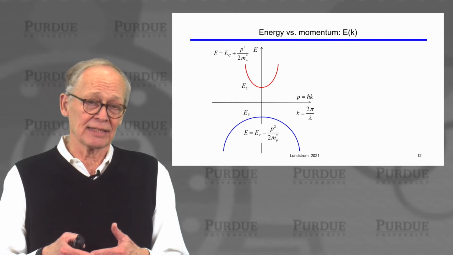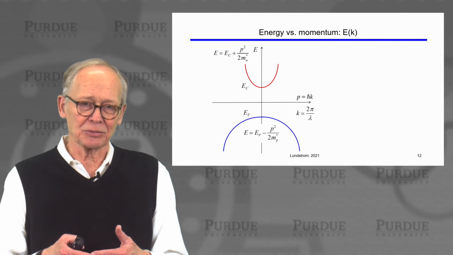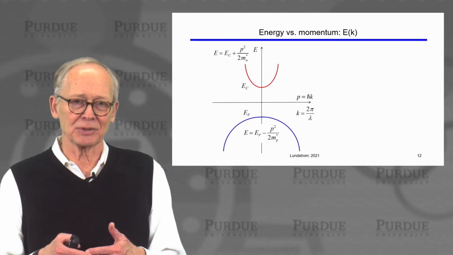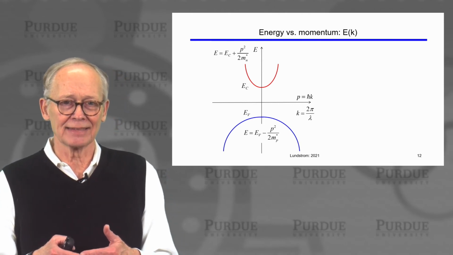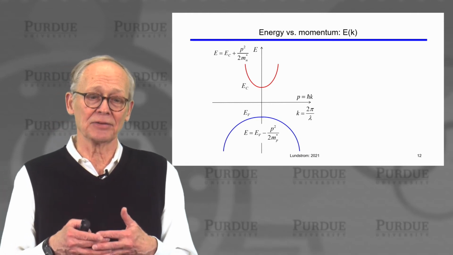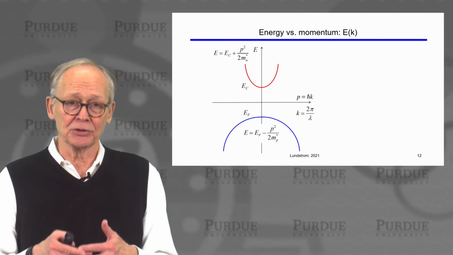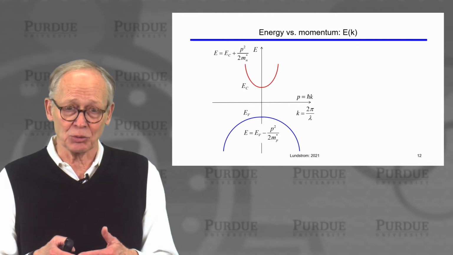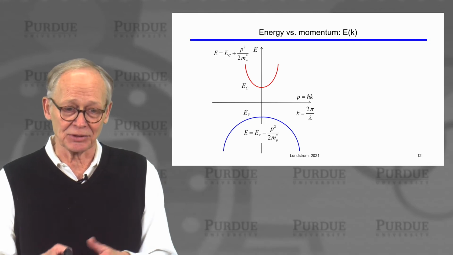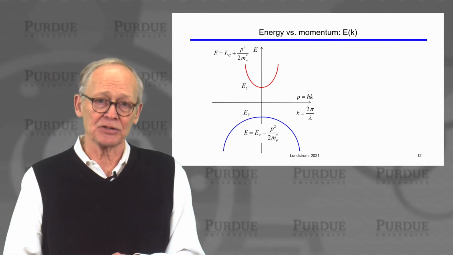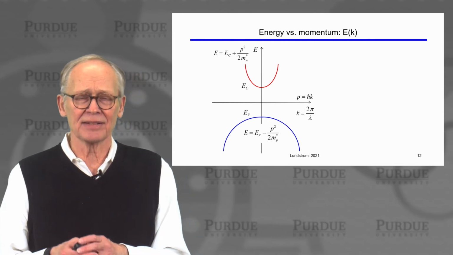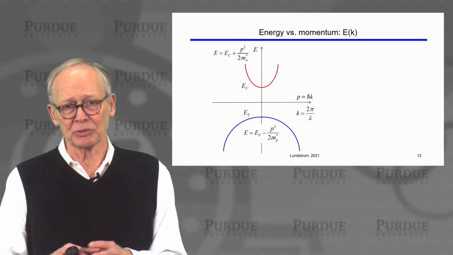It's amazing that if you analyze the problem carefully and step back, this is one of the triumphs of semiconductor science: it turns out that there is a very simple way to understand these quantum mechanical particles in the crystal. And that is with energy versus momentum relations that are much like those for a free particle.